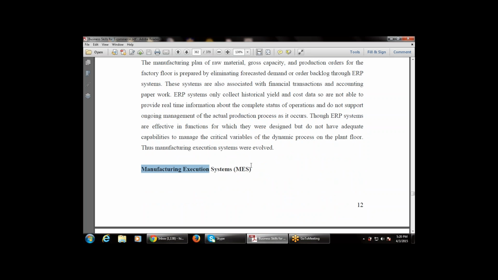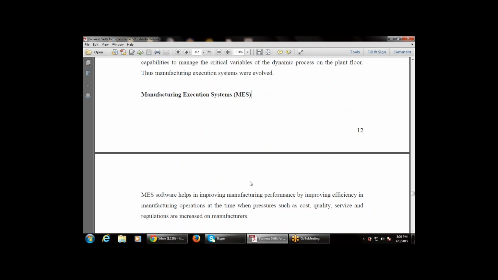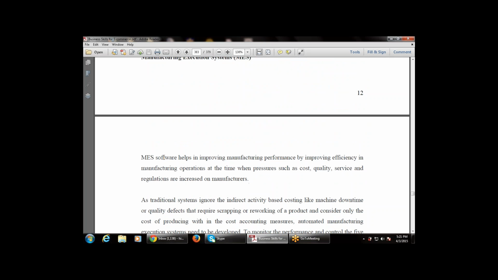Next is MES, that is Manufacturing Execution System. This is software that helps in improving the manufacturing performance by improving the efficiency in manufacturing operations at the time when pressures such as cost, quality, service, and regulations are increased on manufacturers.